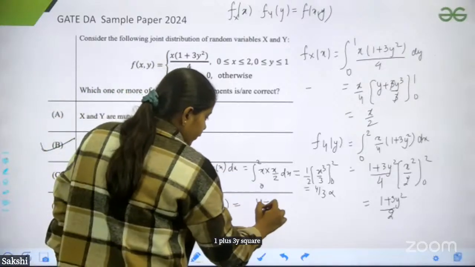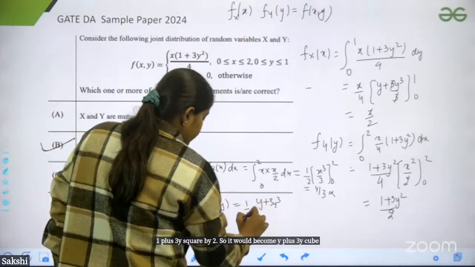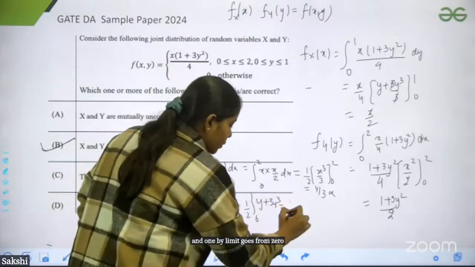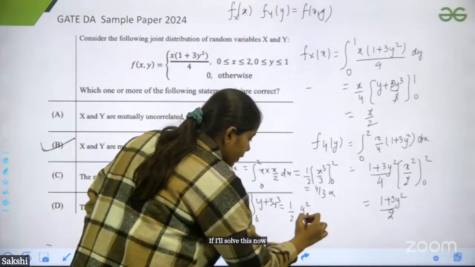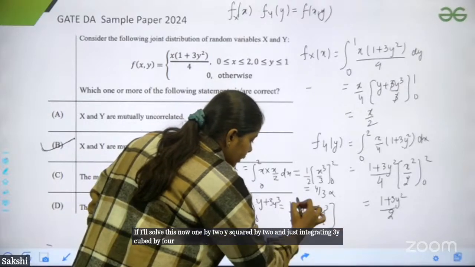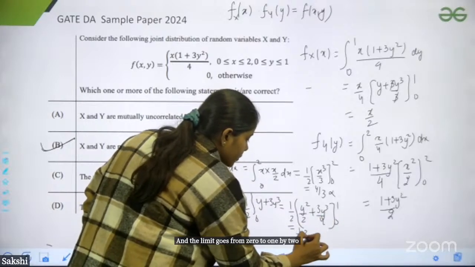So it would become y plus 3y cube, times 1 by 2, with limits from 0 to 1. If I solve this, 1 by 2 y square by 2, and integrating 3y cube gives 3y to the fourth by 4, with the limit from 0 to 1.